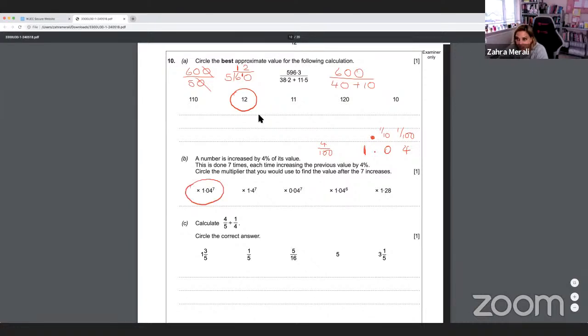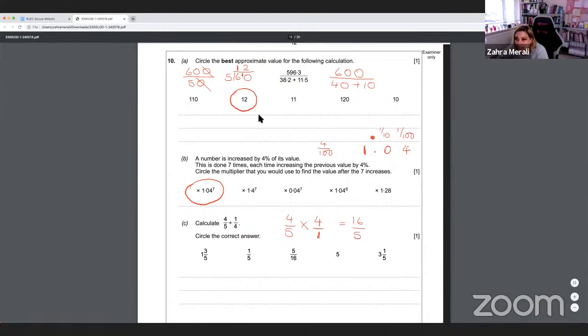Okay, fractions. Fractions are great because once you get them, they come up everywhere, and they're nice marks. 4/5 divided by 1/4. Now remember, when you divide, you do the kiss and flip. So you change it to a times sign and you flip over the second one. Okay, so I get 4 times 4, which is 16, divided by 5.